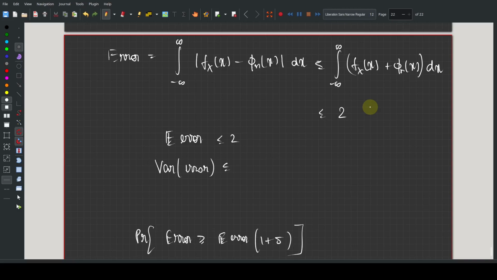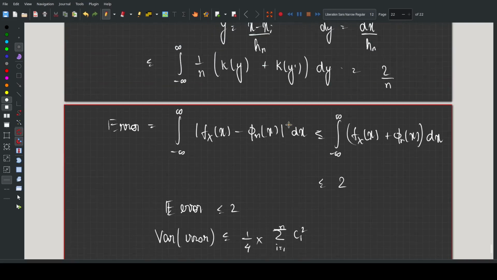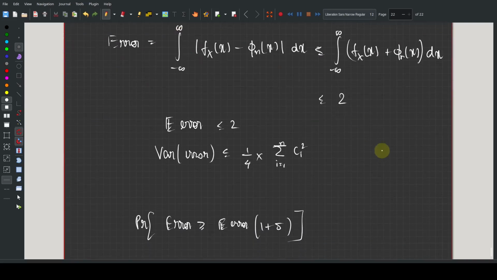So it's 1 by 4 times the summation from i equal to 1 to n of ci square, and ci is just 2 by n. So it's summation 4 by n square, so it's 4 by n square times n times 1 by 4. So it is just 1 by n.